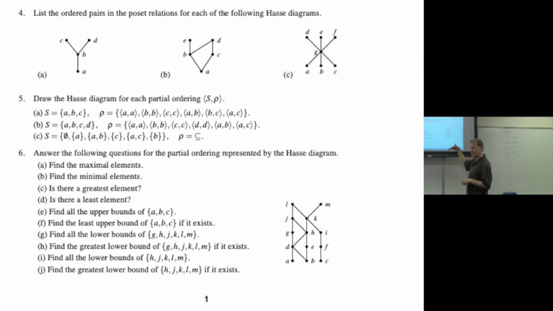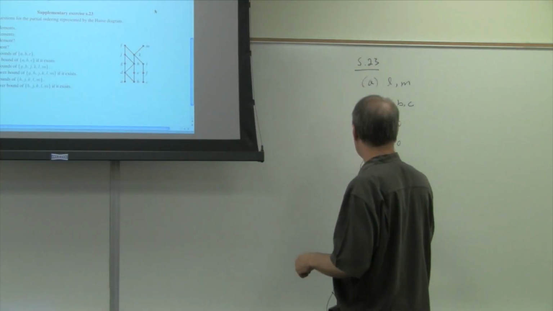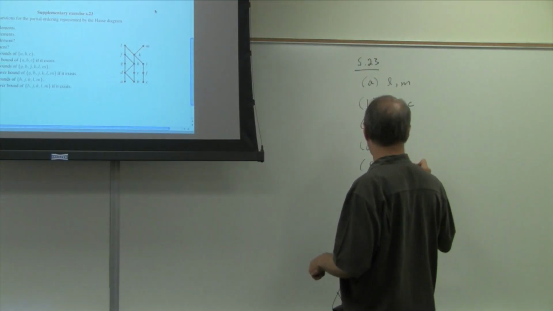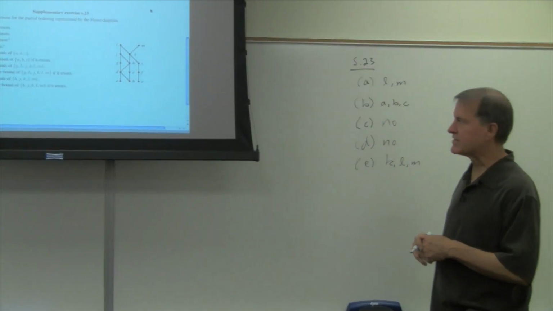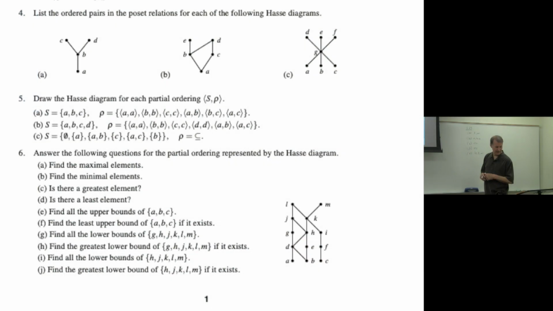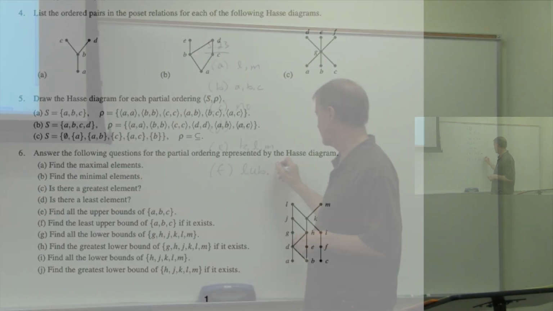The only ones where we have a path from A, B, and C up to them are K, L, M. Are we good? And then what's the LUB, the least upper bound? Let's write it like this. LUB of the set ABC.